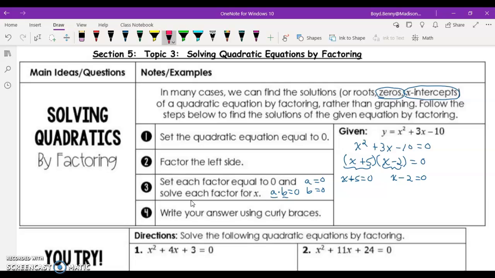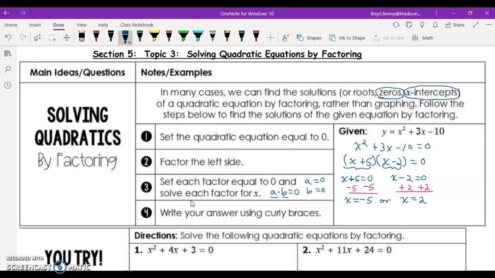The first one, I would subtract 5 from both sides. That's going to be x equals negative 5. Next, we'll solve the second equation. We would add 2 to both sides. When we do that, we see that x could also have an answer of 2.